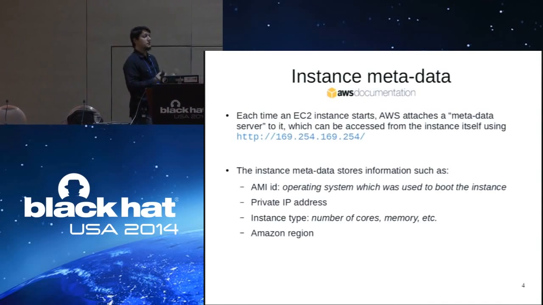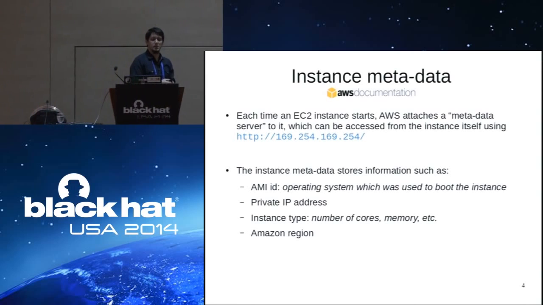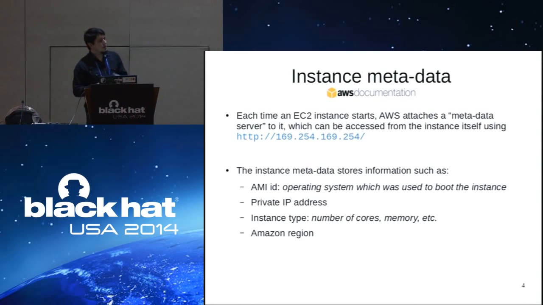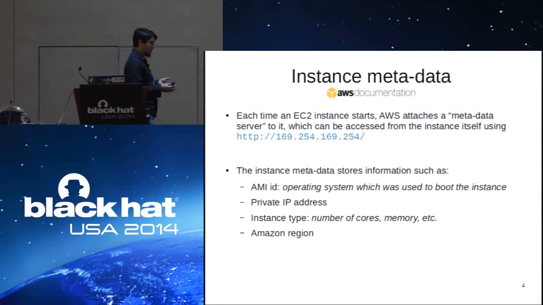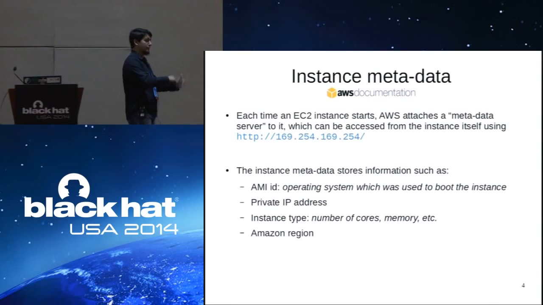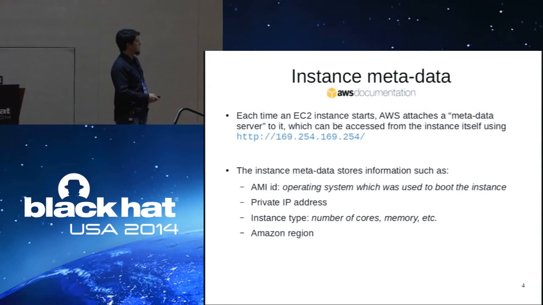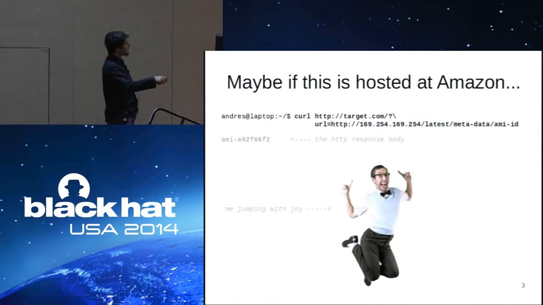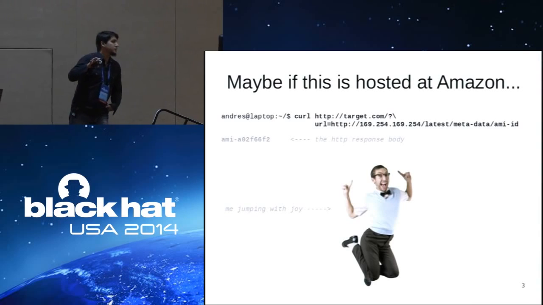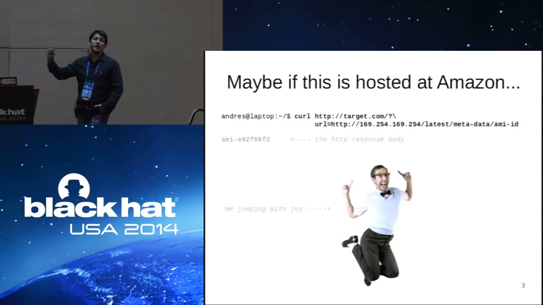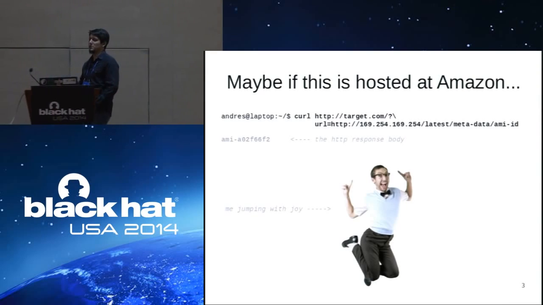So what's stored in that instance metadata? There are many different things stored there, and we're going to go through a couple of these. The first one that I showed you was the AMI and a number. As you can see here, the instance metadata is ordered in different paths inside that HTTP server.